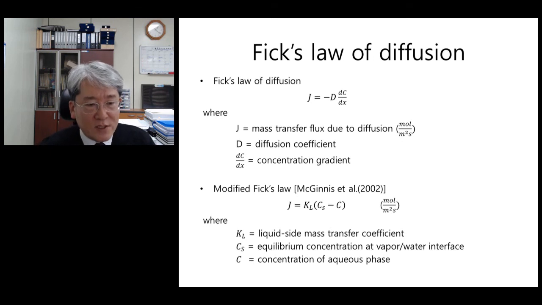Fick's law governs the diffusion of mass under concentration gradient, and thus the same concept is applied for bubble diffusion with modification, in which concentration difference between the phases replaces the concentration gradient with a new proportionality constant called mass transfer coefficient.